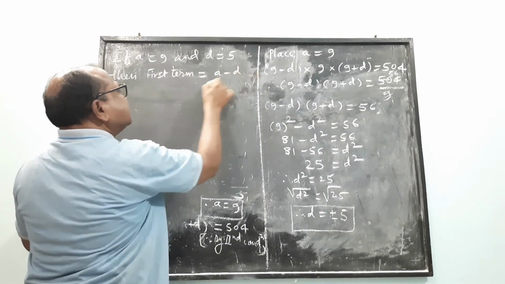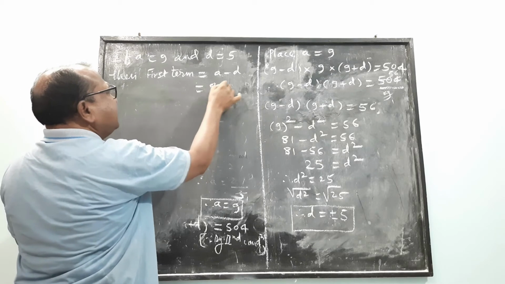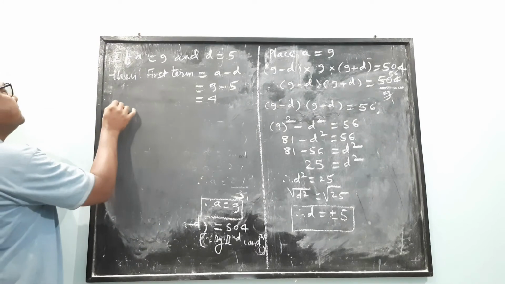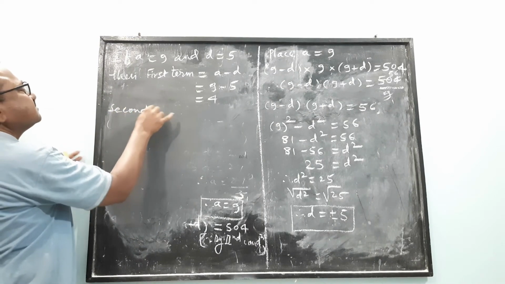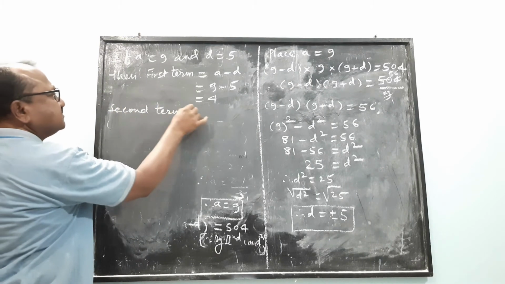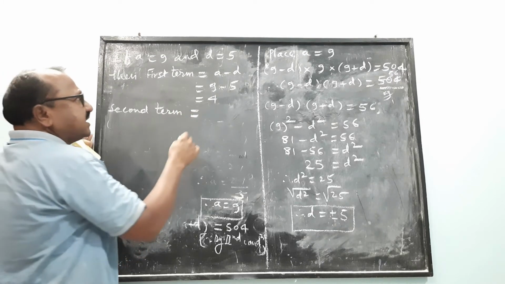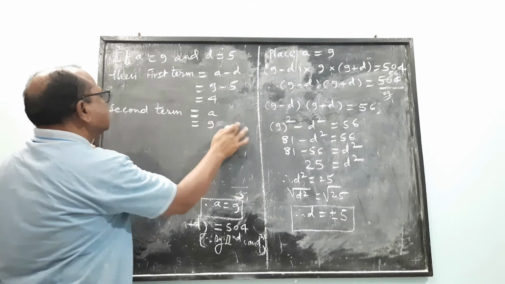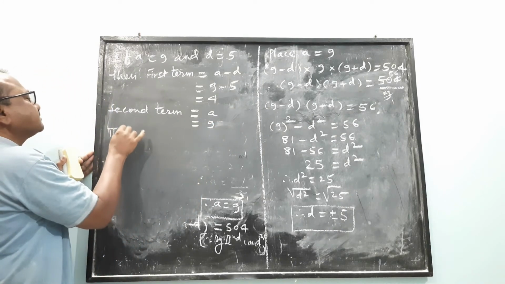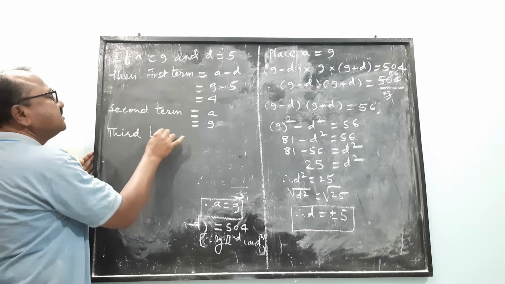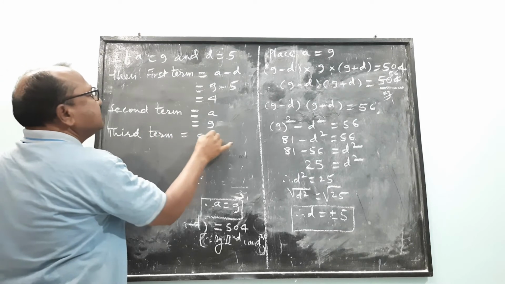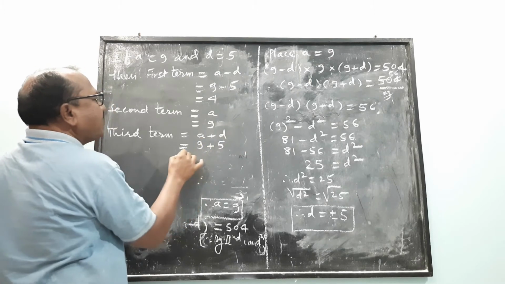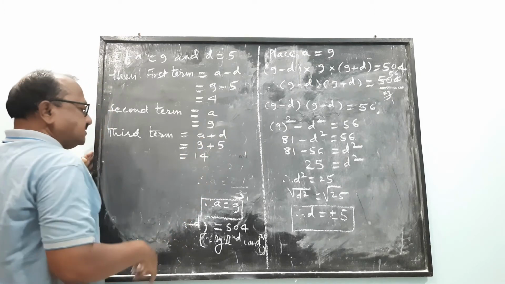A minus D means 9 minus 5 means 4. Second term is considered as A and the value of A is 9. Third term is A plus D, the value of A is 9, the value of D is 5, so 14.